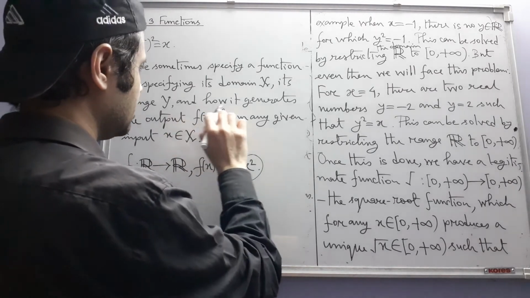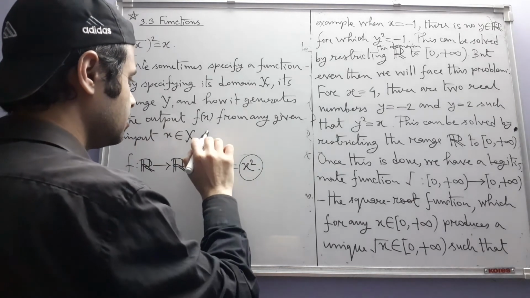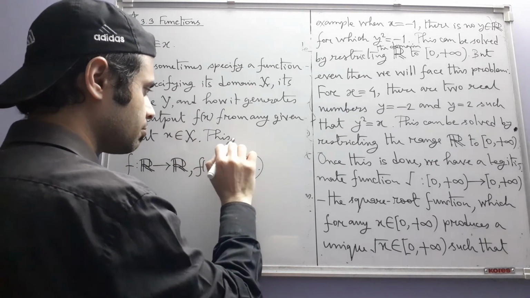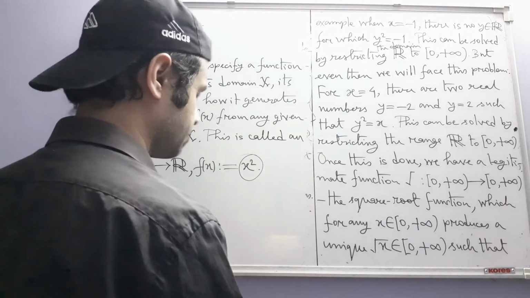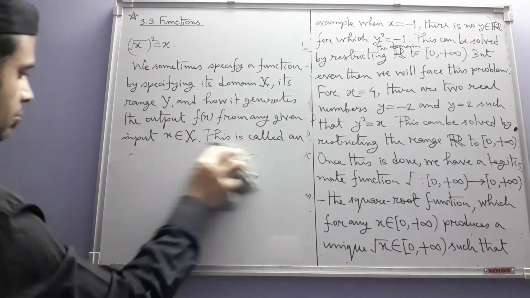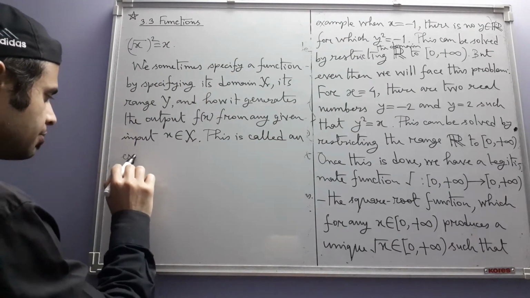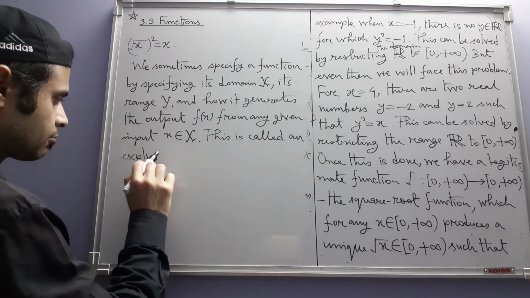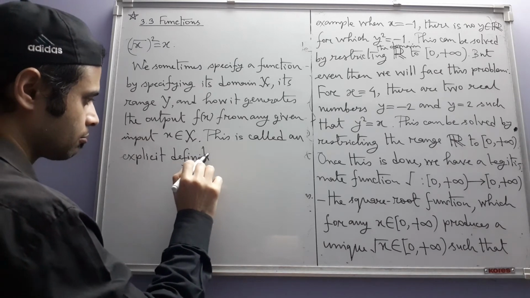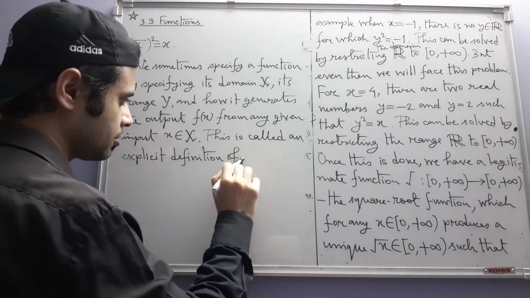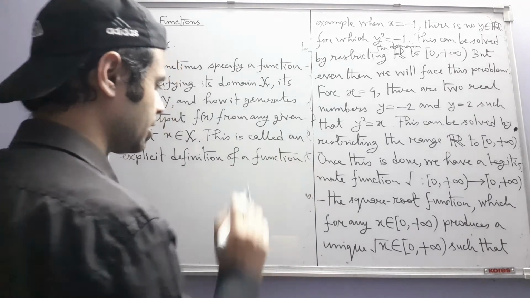So what we have written here, and how it generates the output f(x) from a given input x, this is called an explicit definition of a function.